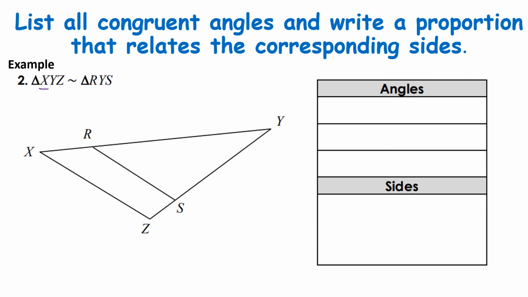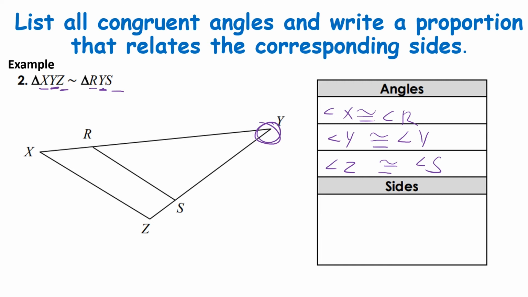X is congruent to R. Angle Y is congruent to angle Y, the same letter in the same position, since they both share this angle right here. And angle Z is congruent to angle S, since they are both last.